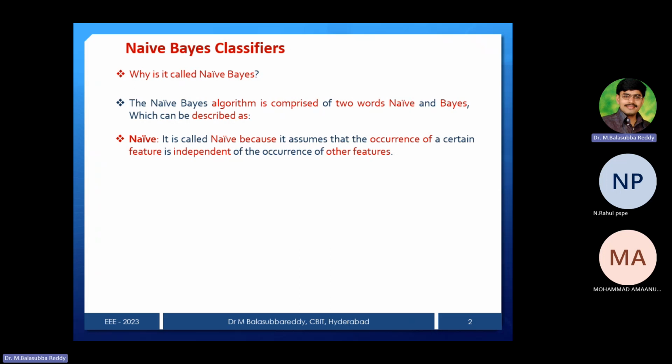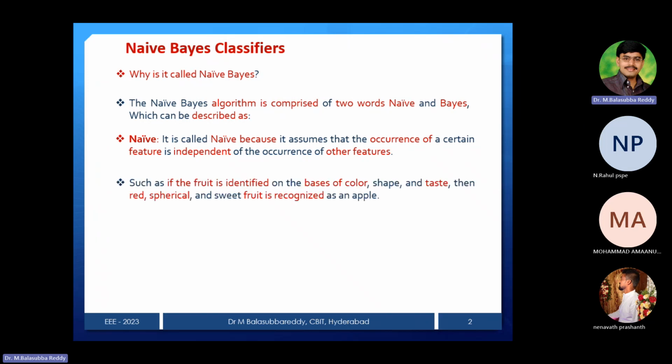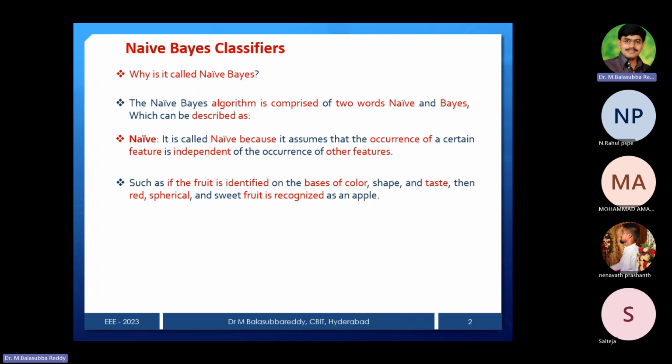If a fruit is identified on the basis of color, shape, and taste, then a red, spherical, and sweet fruit is recognized as an apple, and hence each feature individually contributes to identifying the apple without depending on each other.